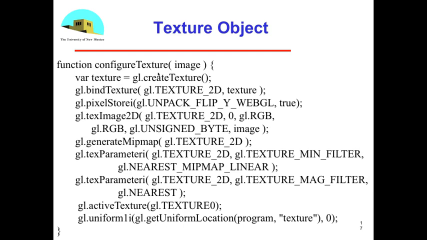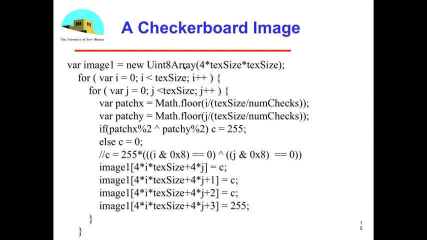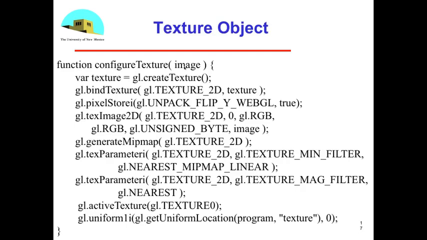We pass in the image, either the image that's defined by something like a GIF file or a JPEG, or the image that we computed previously. See, here's one way of calling it. It's called image one here. So in my JavaScript code, I'd execute on load, I'd configureTexture of image one.